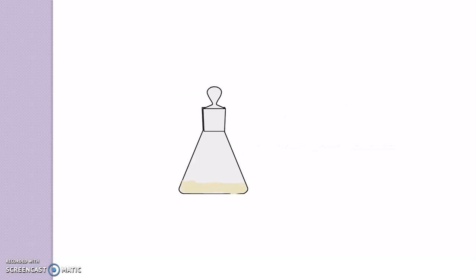Then stopper the flask and shake vigorously for 15 to 20 minutes. During that, heat gets evolved and the crude benzoyl derivative separates as a white powder. While shaking vigorously, take the precaution to loosen the stopper so that whatever pressure gets created inside the iodine flask gets released.